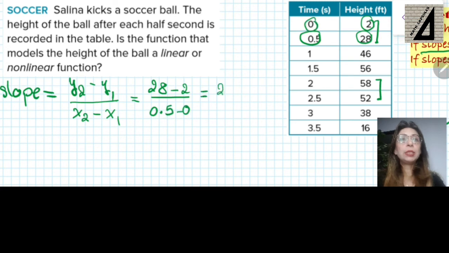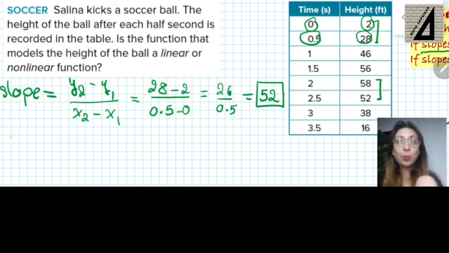This will give me 26 over 0.5. We can do this mentally because 0.5 is half, and dividing any number by half is as if we are multiplying it by 2, so this will give me 52 for the slope. This is the slope for the first pair.